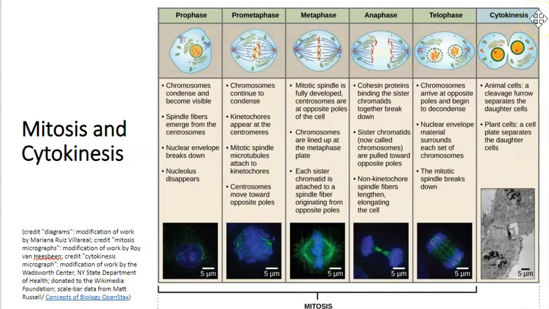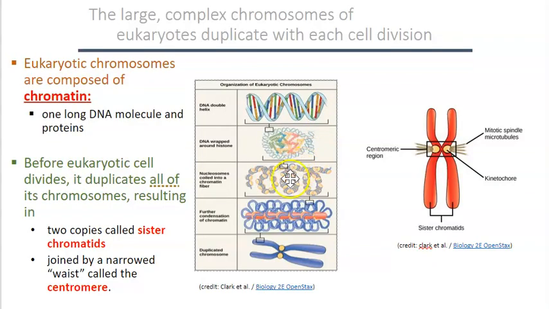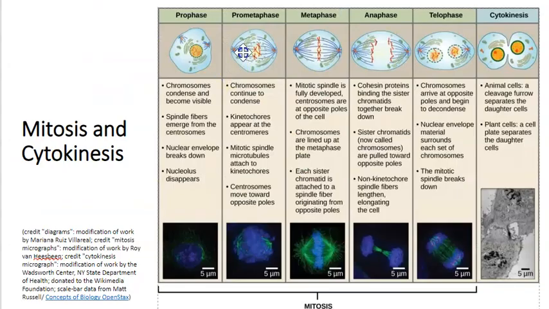During prophase, the chromosomes are going to begin to condense. What do I mean by that? They're going to wind tighter and tighter around these little proteins, and we're going to begin to see those chromosomes. So the chromosomes become much more apparent in prophase.